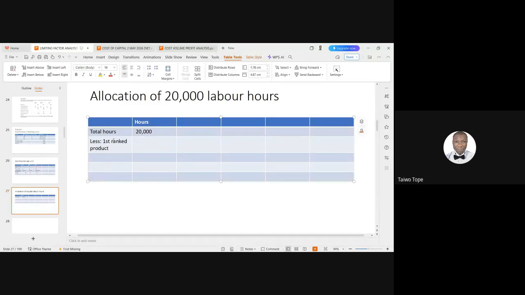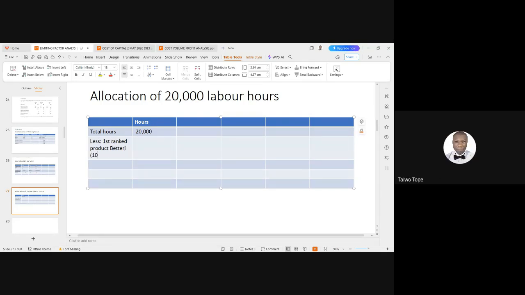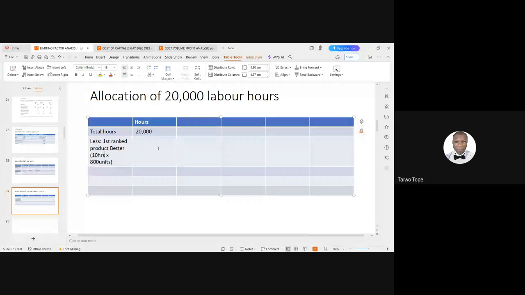The hours required to produce Better is 10 hours multiplied by 800 units. So you need 8,000 hours. Since it's ranking first, you give it the total hours it requires.